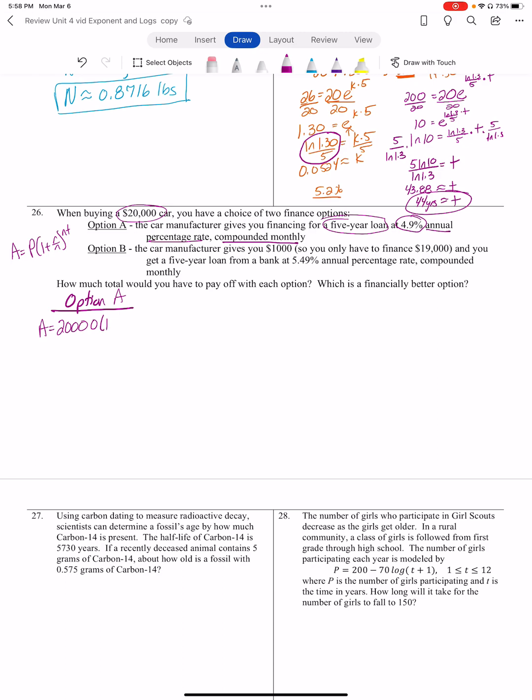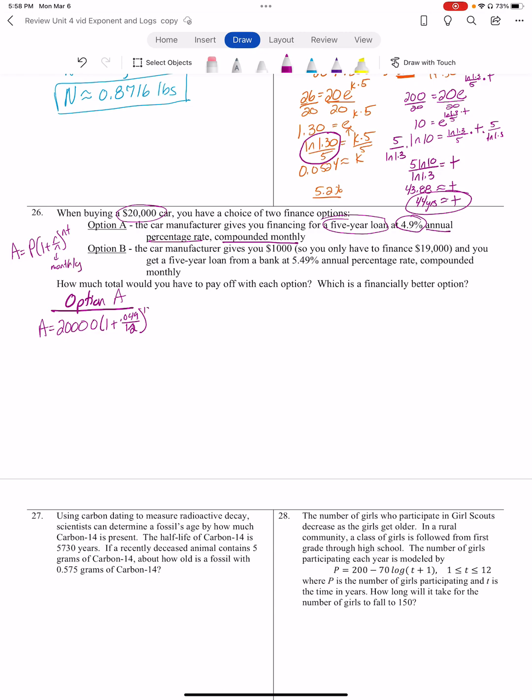Then 1 plus my rate, which is 0.049. N is actually equal to 12 because it's compounded monthly, so be careful.